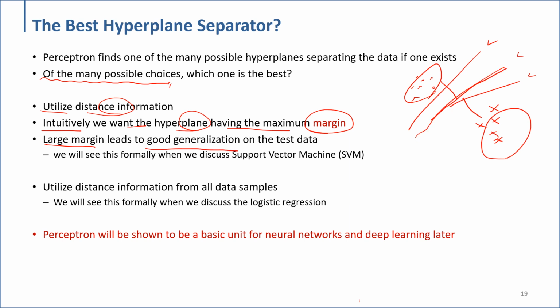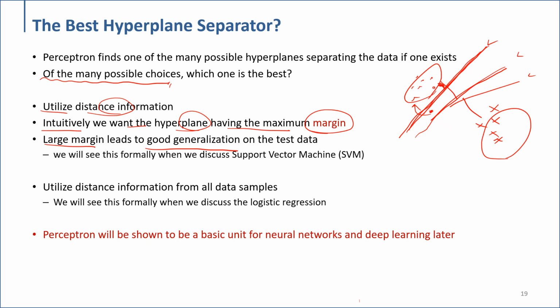That means if we have the hyperplane for this, then we have a very small margin to this. So for example, if we have a new data point like here, we can intuitively think that this point would belong to class 1. But if you set this as a decision boundary, then this new point would be predicted as class 2.